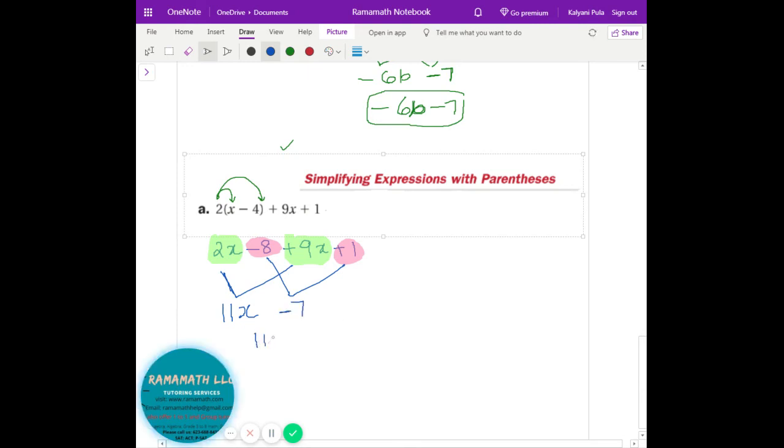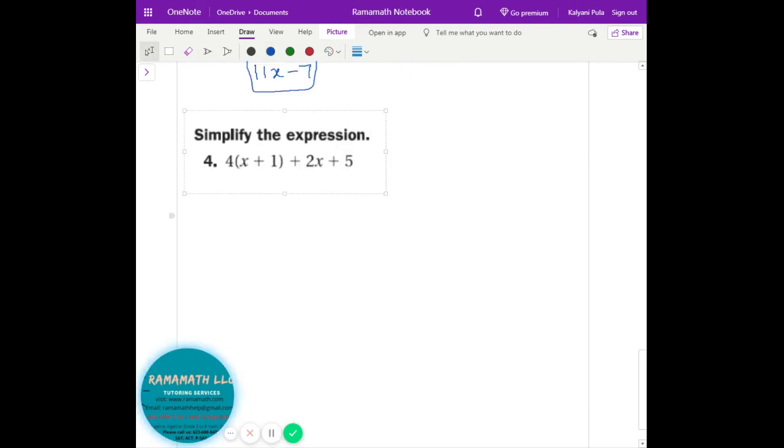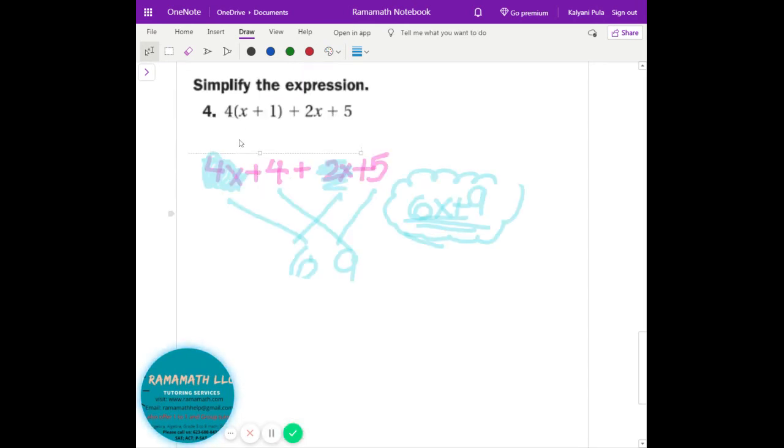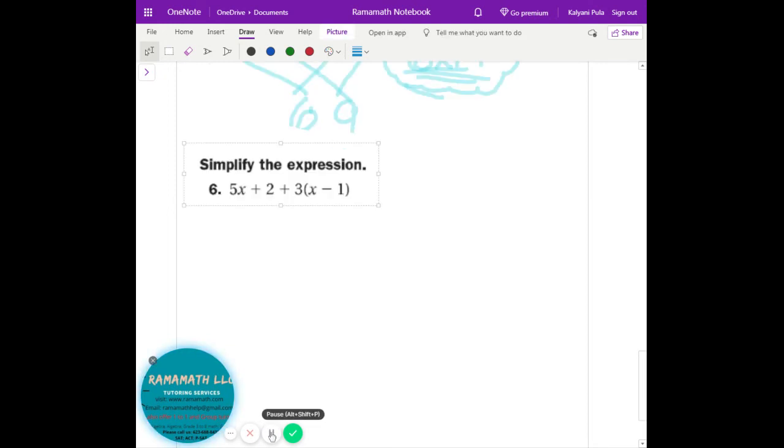So you put it together: 11x minus 7. That's the answer. All right, let's try this question. First, distribute it. You see the parentheses, then highlight the like terms, and then combine. That's good. You got the distributive property and combined the like terms. Good job. All right, let's try the next question.